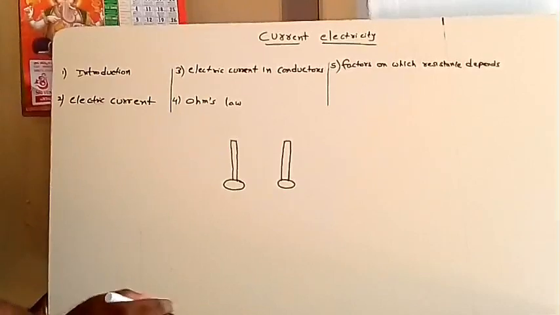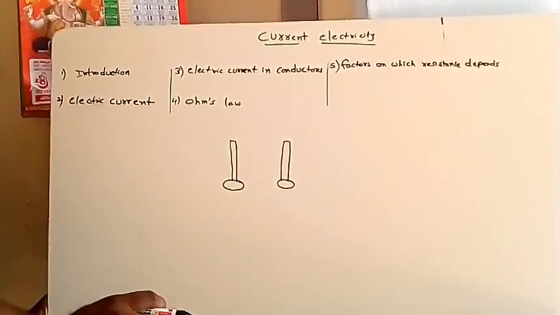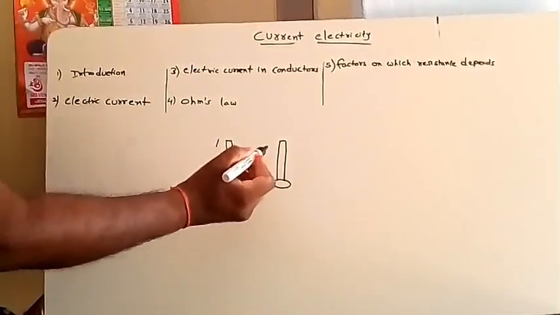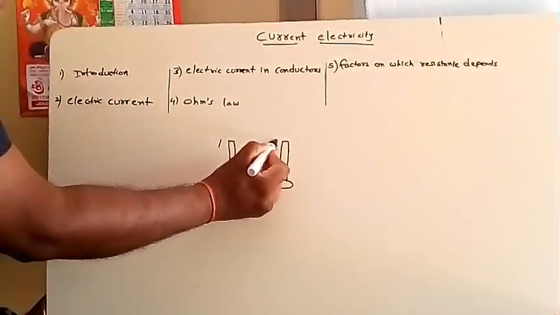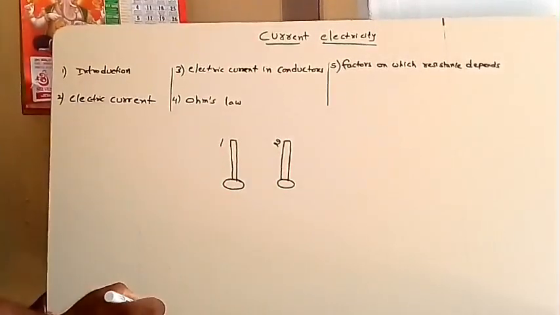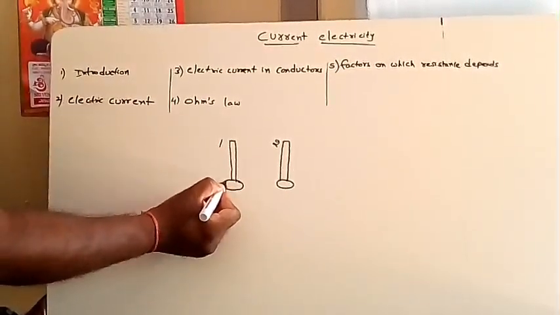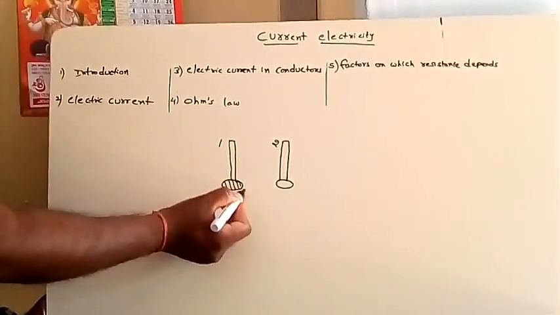Here I am taking two conductors. This is conductor 1, this is conductor 2. Both the conductors are placed on insulating stands.